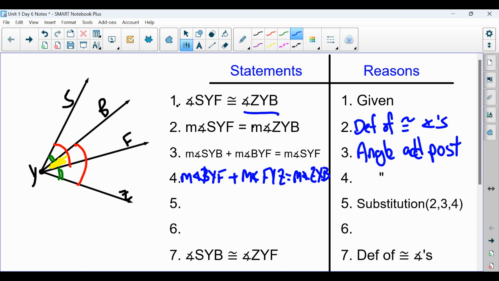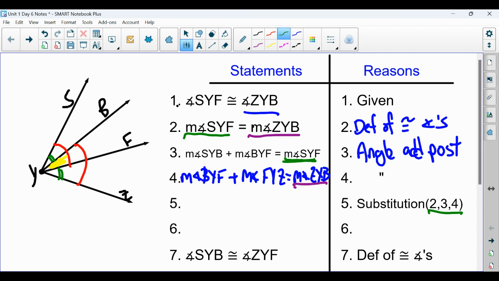Okay. Now, step number 5 says we are substituting on 2, 3, and 4. So if you've written down step 4 correctly, you might be trying to look, how can we use substitution? Well, step 2 has SYF on the left side, and there's SYF in step 3. And ZYB on the right side, and there's ZYB in step 4.